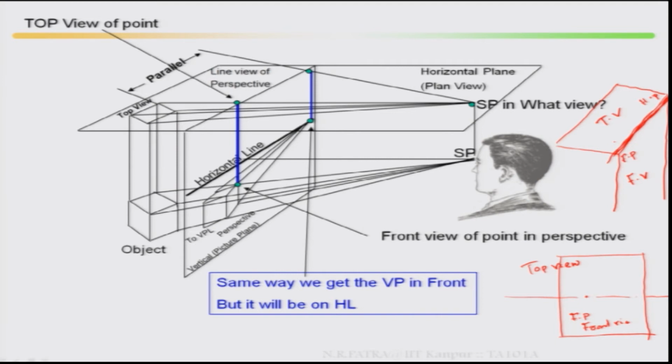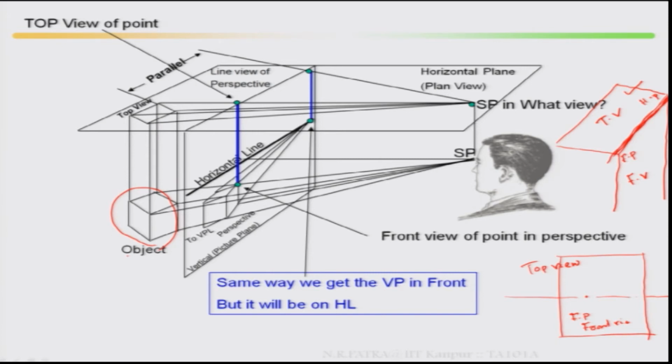Now if you take this and put it in this way, look here, here is your object and this is your station point.